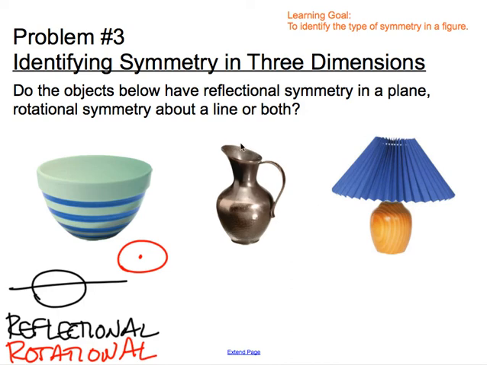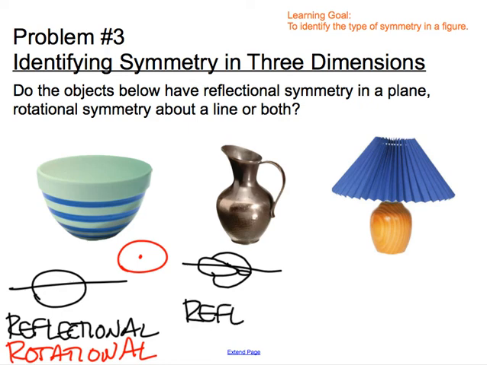Now the pitcher actually has kind of a different shape. It's not perfectly spherical in all locations. So if we were to try to draw this, we have kind of the mouth of the pitcher, then we get this round piece around it, and then in addition to that, there's the handle. So certainly there is one plane with which we could cut it and we would get 2 pieces that were exactly the same.